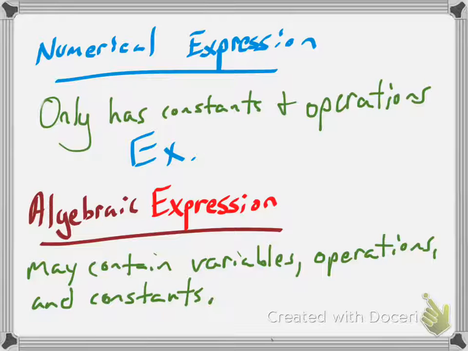Alright, numerical expressions. Numerical expressions are basically just numbers and operations. So for an example, 2 plus 3. That's a numerical expression. There's a plus sign for an operation and then 2 numbers. That's all it is. An algebraic expression is different. It can contain variables, operations, and constants.